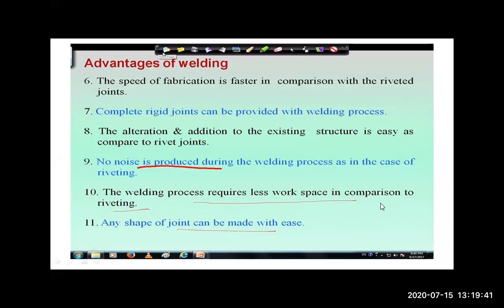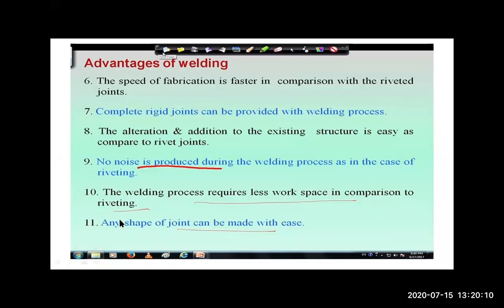If we have to provide a rivet, what do we have to do? We have to hammer both the sides. At that time, skilled persons are required, and the space required for the hammering purpose is more as compared to welding. For welding, less space is required for the operation.